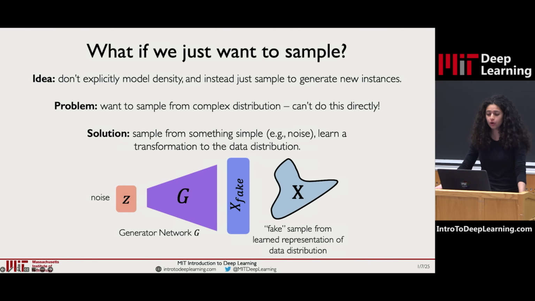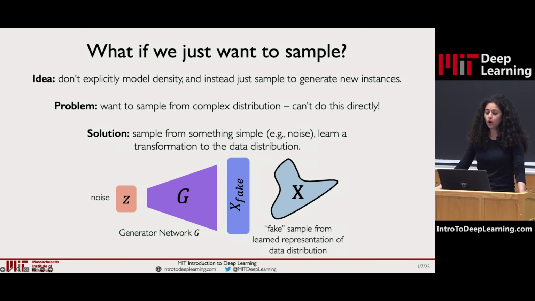The principle of GANs is motivated by the question: what if we care just about generating new data instances that are very similar to the data that we trained our model on? What this means is that we're trying to sample from a really complex distribution, and we want our model to learn a good way to approximate that distribution. It can be very difficult to learn this distribution directly.